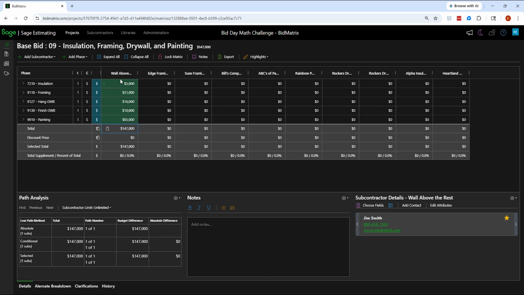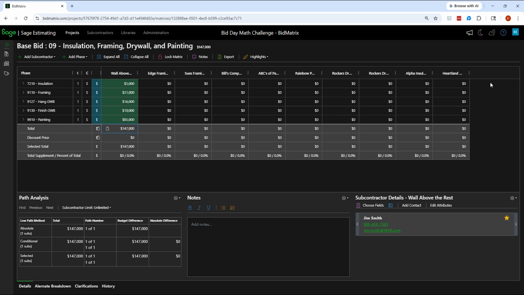In the unrealistic world, it'd be nice if every bidder gave me the price on each one like this. So in this case, that's my lowest combination because that's the only one it knows so far. I've got all these numbers entered for each individual scope. It all adds up to $147,000, which is what it knows at this point.